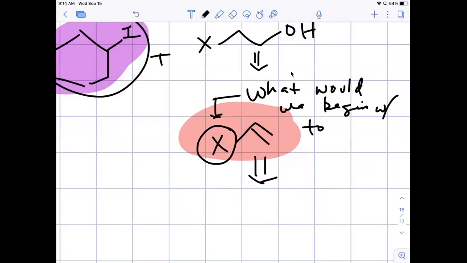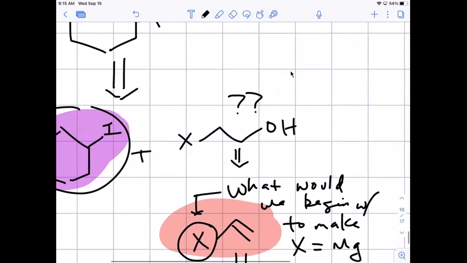Dr. Russell, I'm confused. Go ahead. What's your question? So we went from the retrosynthesis to the hydroboration oxidation. We're still doing the retrosynthesis.